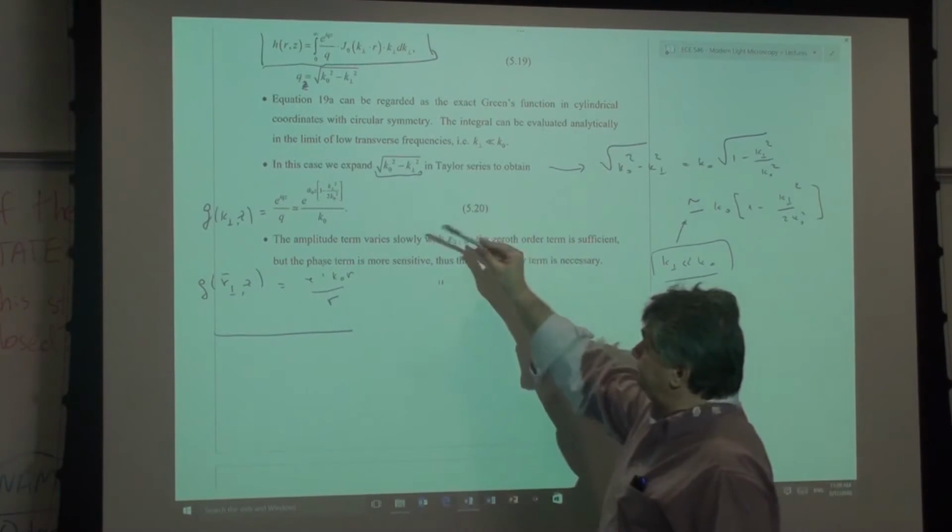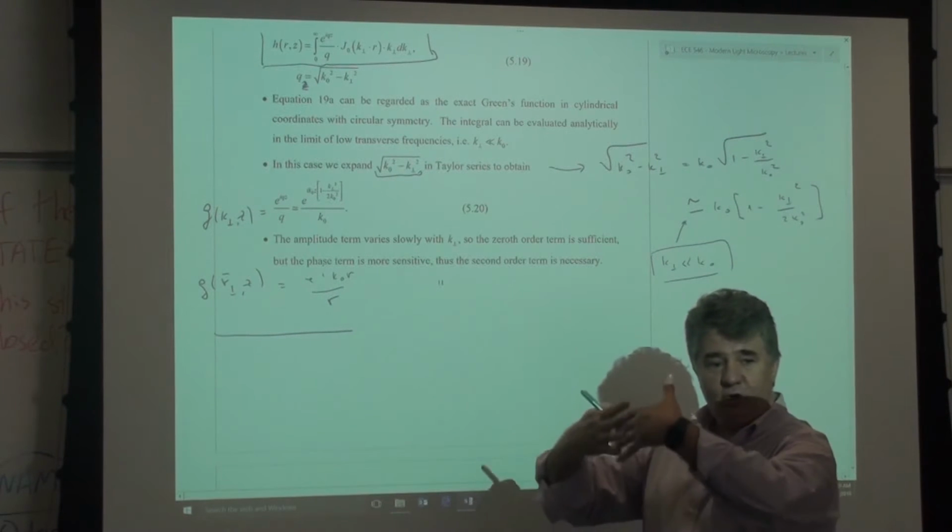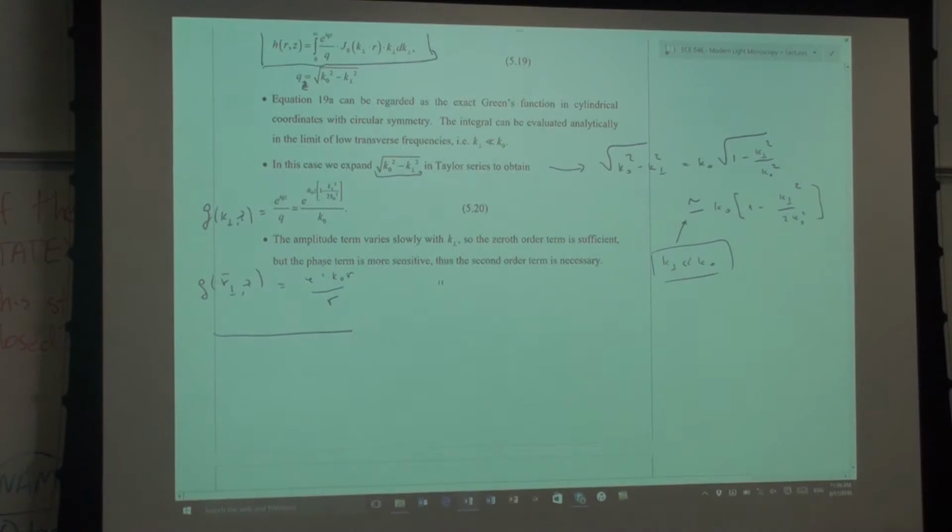So what this means is that if I'm looking at the beam propagating along the optical axis, I can decompose it as a plane wave, this part, and then some alterations on this plane wave, which is this second part.